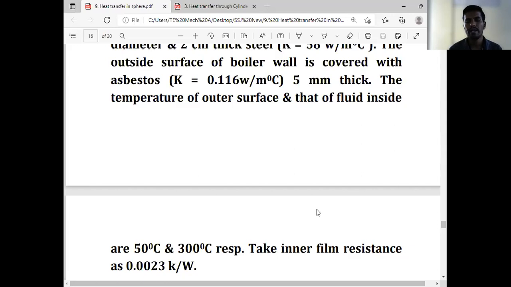Full stop. Take inner film resistance as 0.0023 Kelvin per watt.